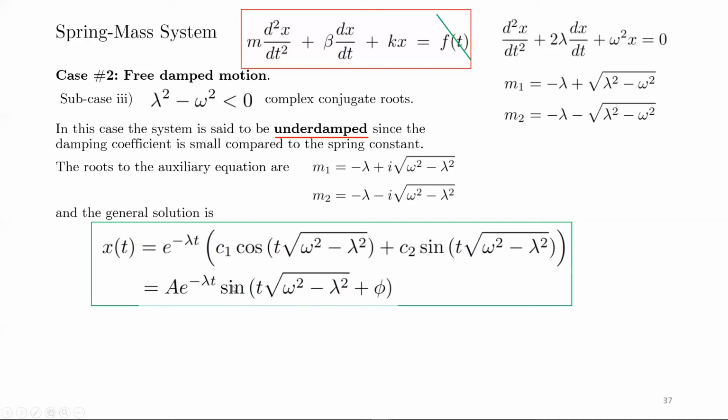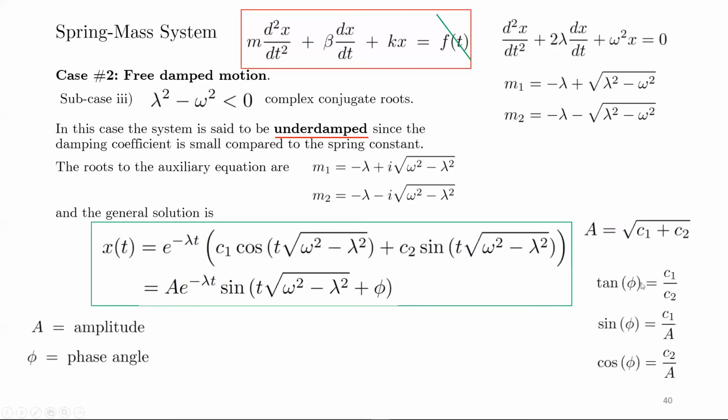So if lambda is 0, in fact, this simplifies to simple harmonic motion. So we have an amplitude and a phase angle. Again, we can find the amplitude simply by looking at c1 squared plus c2 squared. And the phase angle phi you can find using one of 3 formulae here, okay? And the right one to use depends on the situation. So we'll solve a system like this in the next lecture.